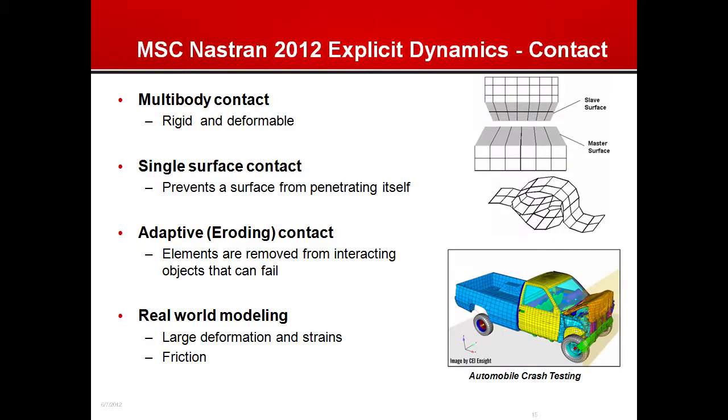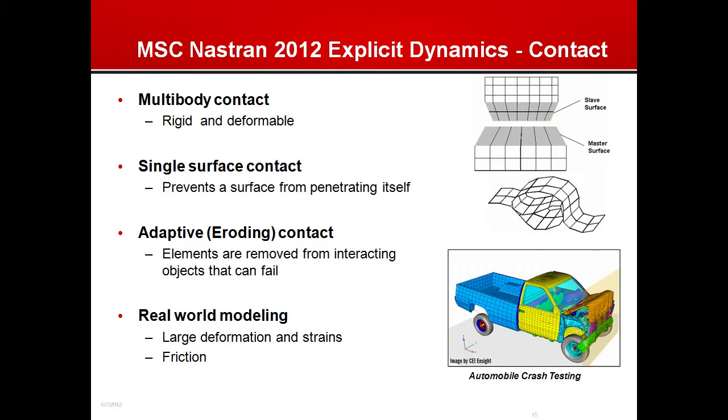A little bit about contacts. We have capability to go between deformable bodies to other deformable bodies, or deformable bodies to rigid bodies, or a single deformable body, and it can self-contact. And a lot of times with these crash simulations, because there's so many parts, it's difficult to have individual contact bodies.